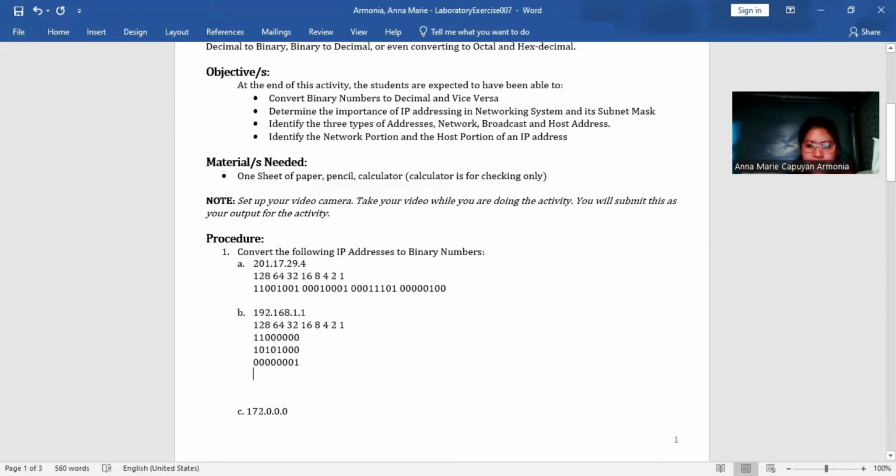Again, the same: 128, 64, 32, 16, 8, 4, 2, 1. So this is our binary number for this IP address. Let me do the same again and put it together.